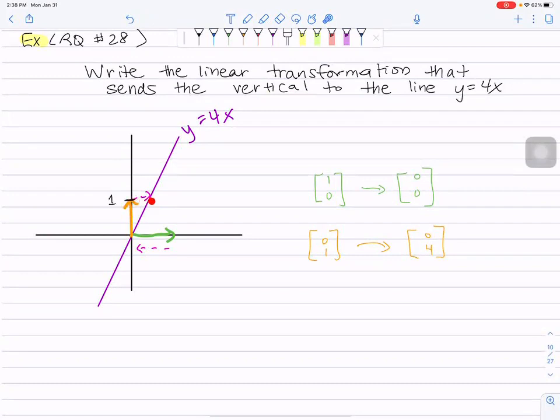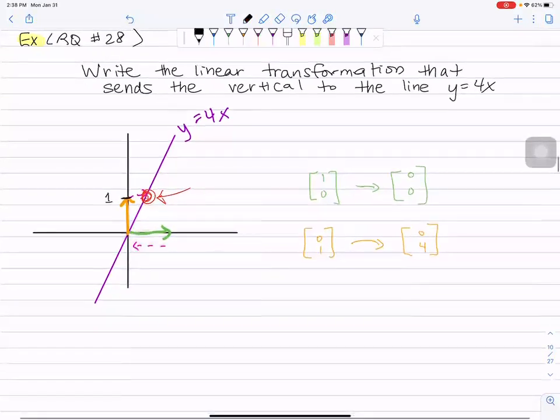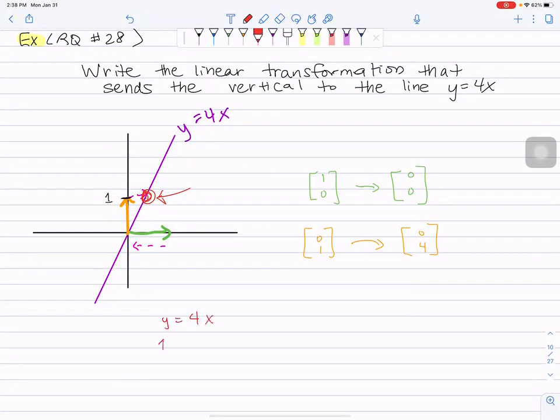It just has a different x value now. So we want to find this point right here. The red point is going to have a y value of 1, so we just need to figure out the x. The x is 1/4. So the orange vector goes to 1/4, 1.